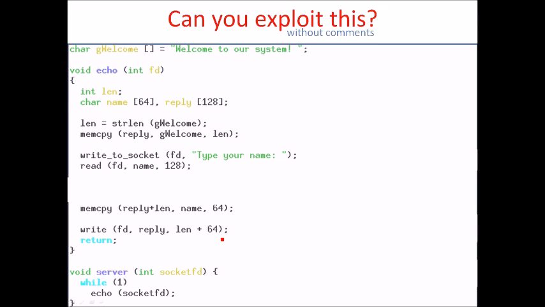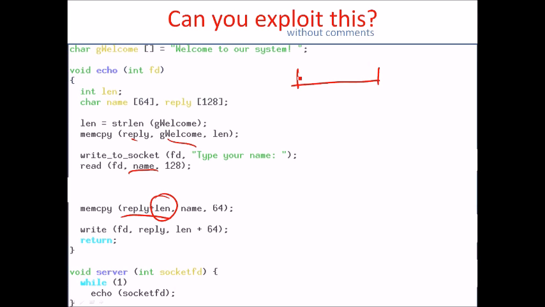Without the comments, it looks like this. It's a little easier to read. We copy the gwelcome string into our reply buffer, and then we read into our name buffer and copy whatever we've received from the client into the reply buffer at an offset length. So again, here's our reply buffer.